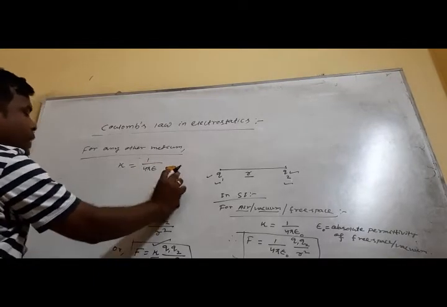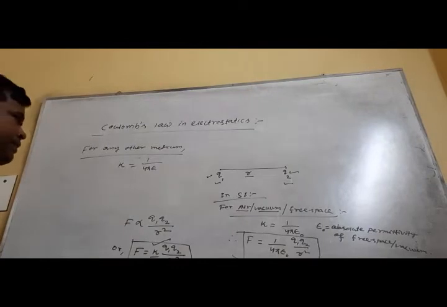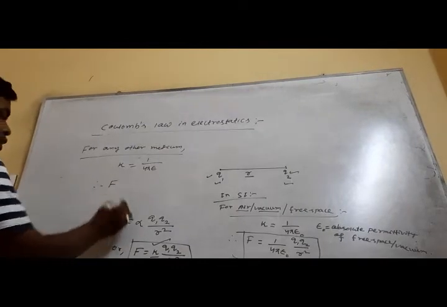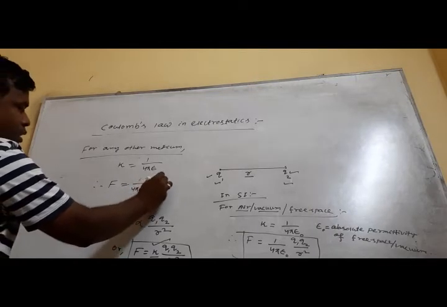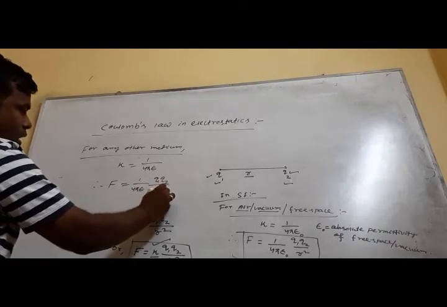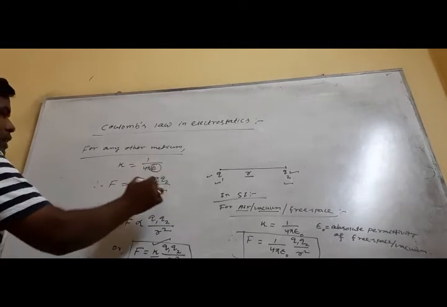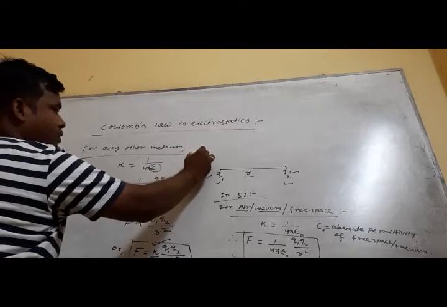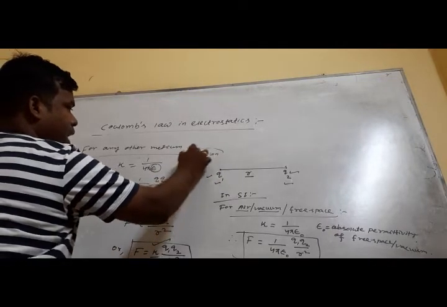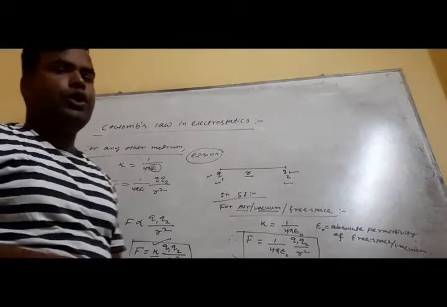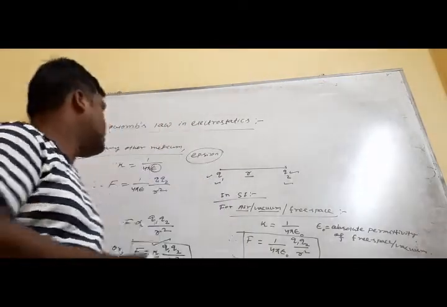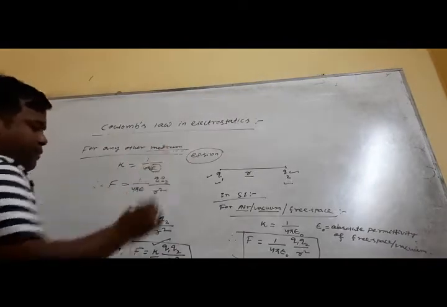Epsilon is the corresponding absolute permittivity. So F becomes 1 by 4 pi epsilon Q1 Q2 by R square, where epsilon is the absolute permittivity of this given medium. Remember this symbol is epsilon.